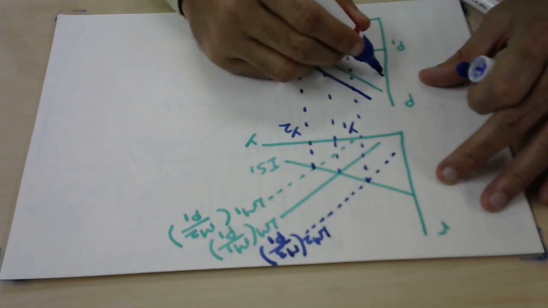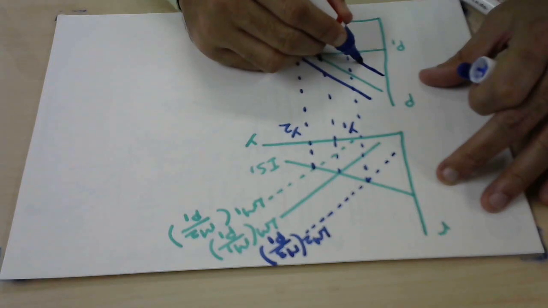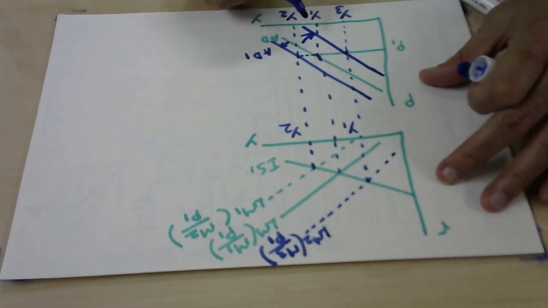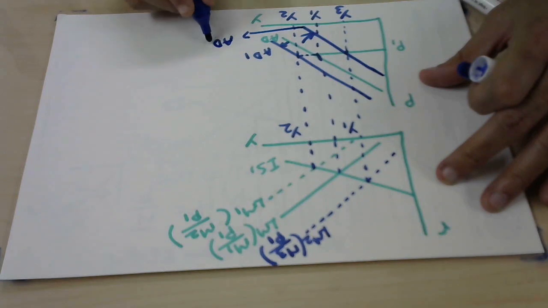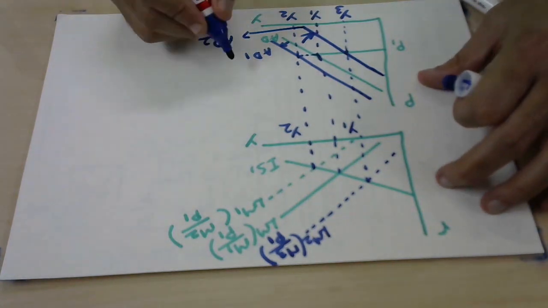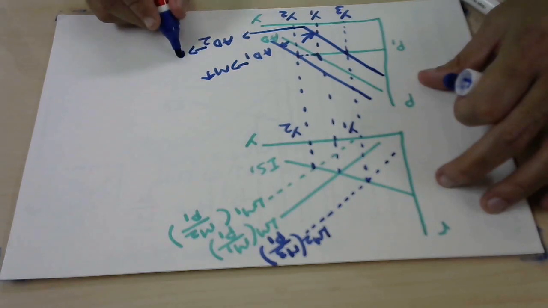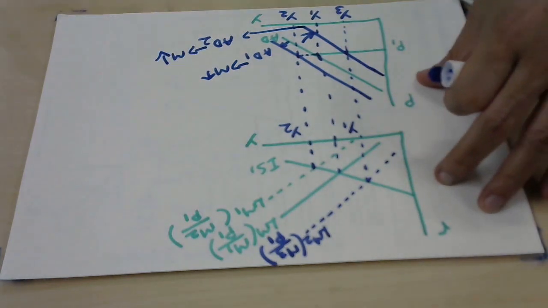This will be a parallel shift of the aggregate demand curve, and we can label it as AD2. So AD1 corresponds to when money supply goes up, AD2 corresponds to when money supply has gone down.